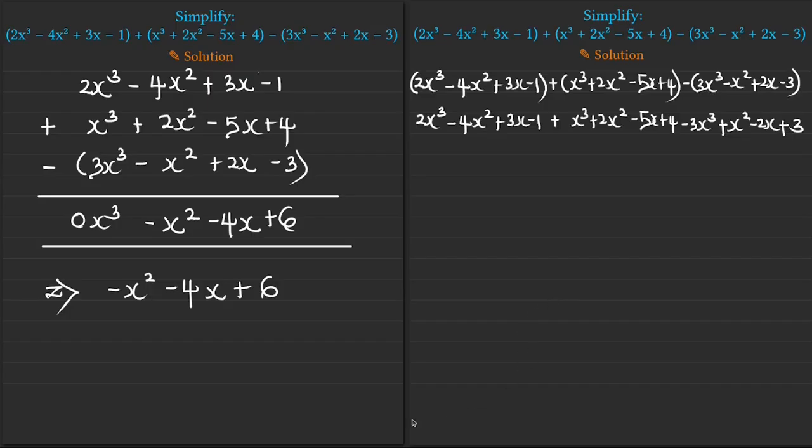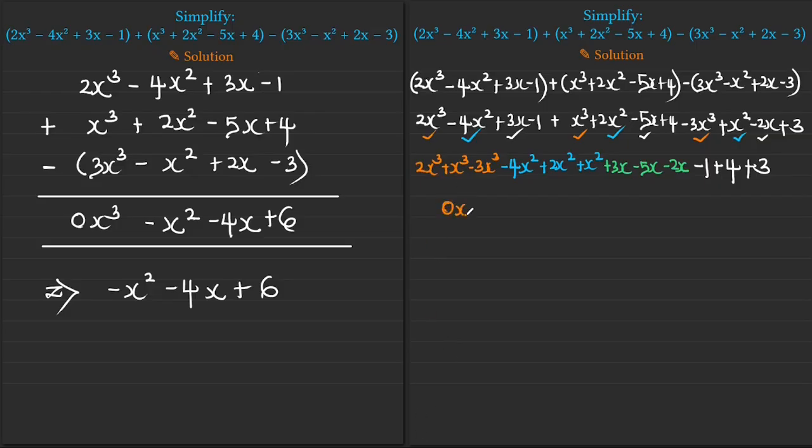So with that, we can now group like terms. For those containing x cubed, we have 2x cubed, 1x cubed, and then negative 3x cubed. So for the cubes, we have 2 plus 1 minus 3, that ends up giving us a 0x cubed.